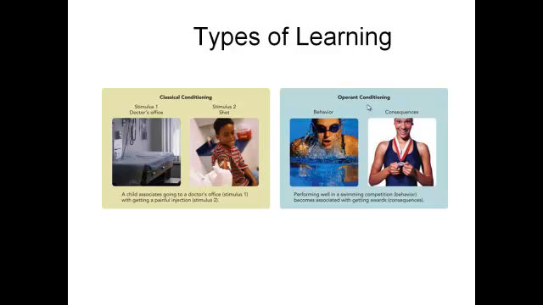For example, you might say someone who is a motivated athlete really is someone who gets rewarded for their athletic behavior, and you can explain that motivation through operant conditioning. So again, it gives you an idea of how different types of learning can lead to aspects of our personality.